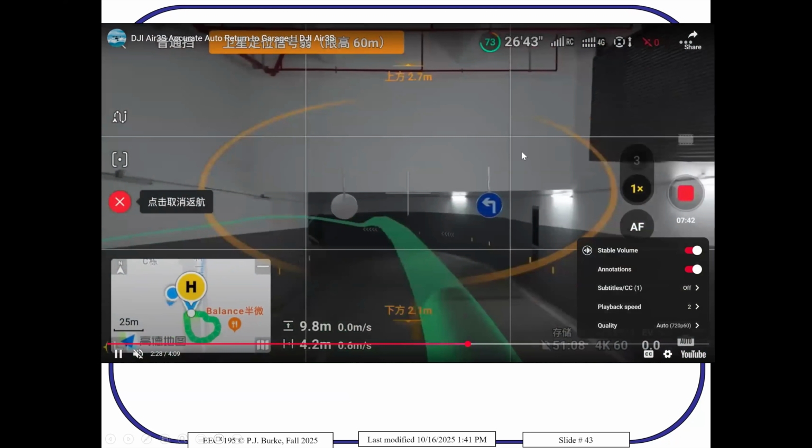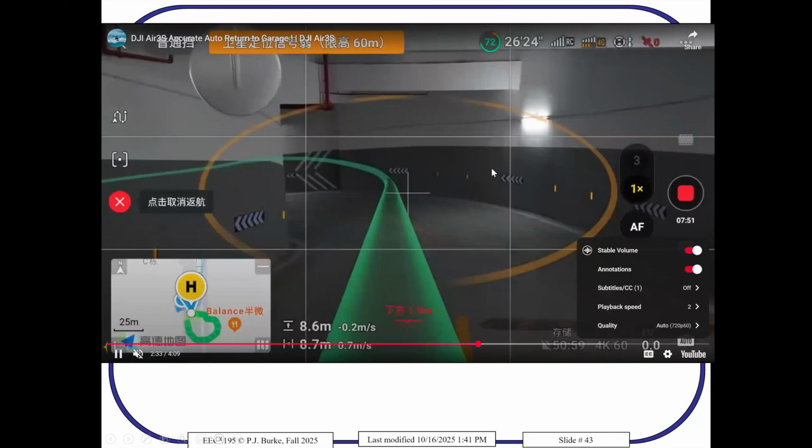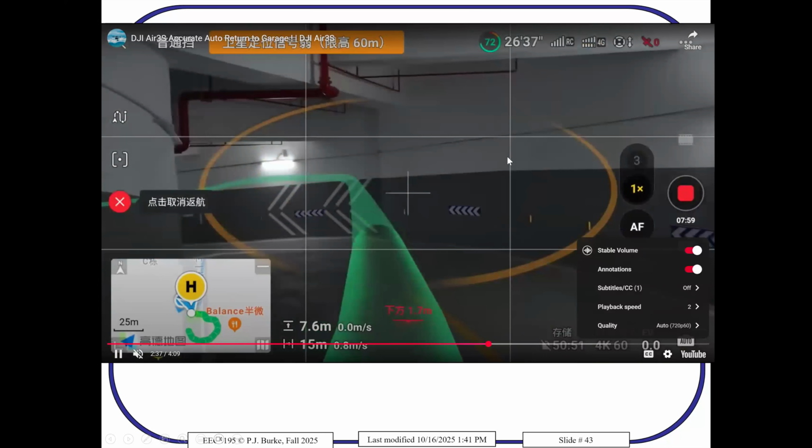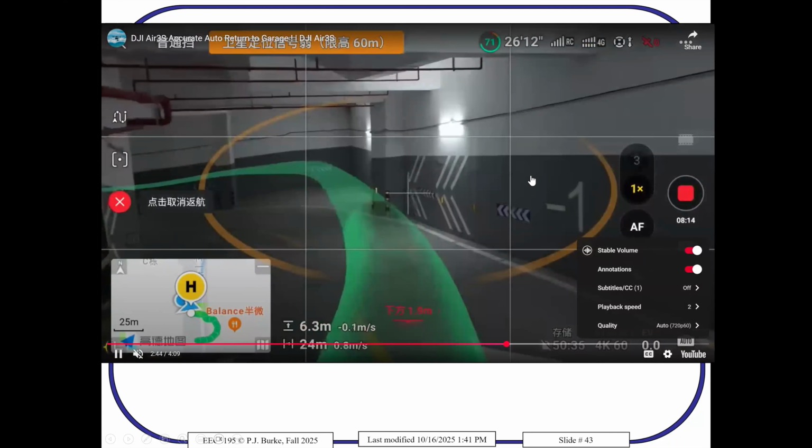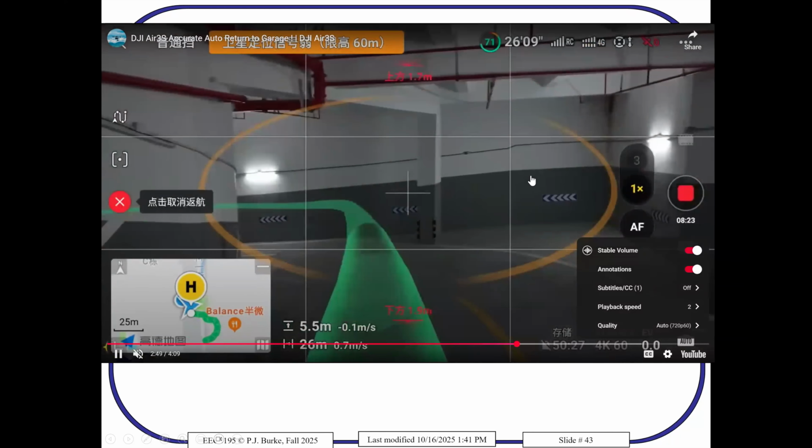But the drone has created an onboard memorized three-dimensional representation of the garage, and it's able to autonomously navigate back into the garage without any GPS signal.